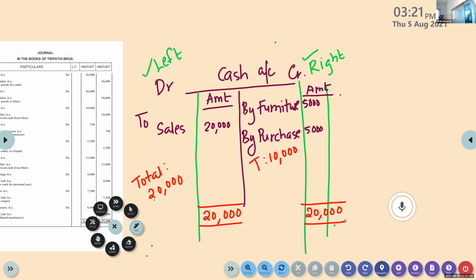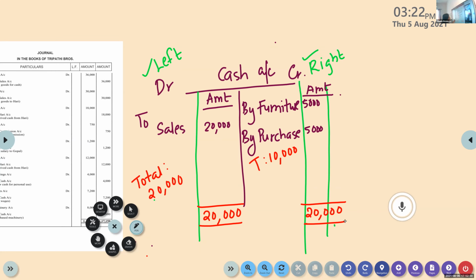Whichever is the higher amount, we will write it as the grand total on both amount columns. First, we will calculate the totals, as a rough figure. When you find out, you understand that the debit side is more. Yes, the debit side is more. The left hand side total is more. So that amount is written on both sides.